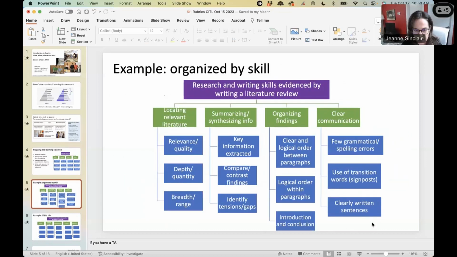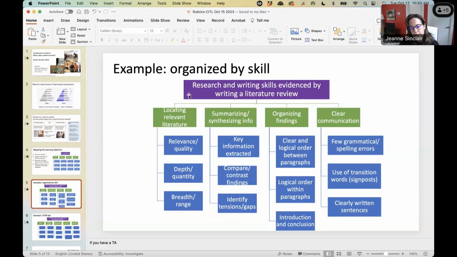I'm in education, and my students are often asked to write a literature review. The skills being assessed as they write the literature review are research skills and writing skills. So the overarching objective is that they're learning research and writing skills as evidenced by writing a literature review.